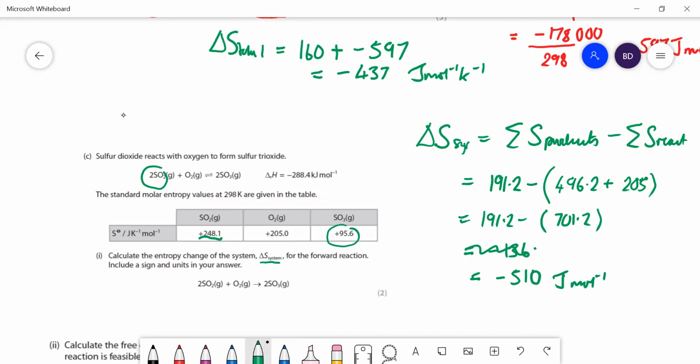Okay, that's right. So it's a negative value, 510 joules per mole per Kelvin.